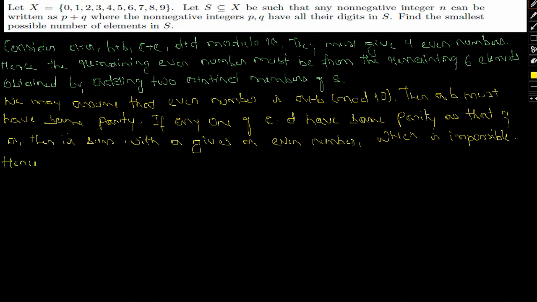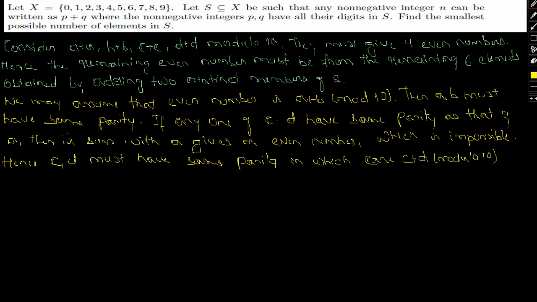Hence, c, d must have the same parity, in which case c plus d modulo 10 is even, which leads to a contradiction.